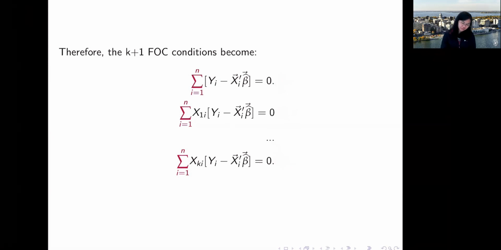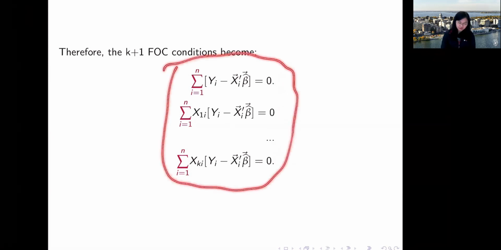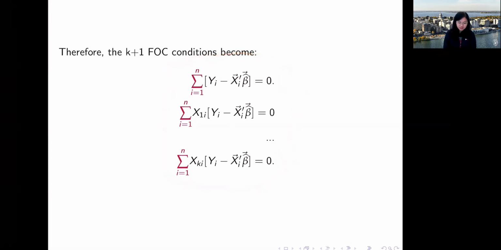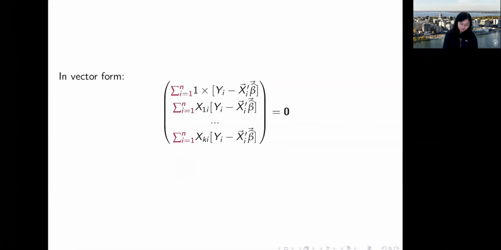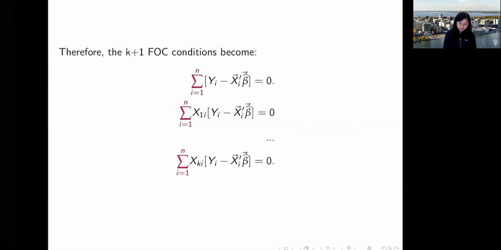Okay, so you already have simplified the equation system. Now we are going to simplify it even further. Now we can write it in terms of a vector. That is, we put these k plus 1 numbers into a vector, a k plus 1 length column vector.